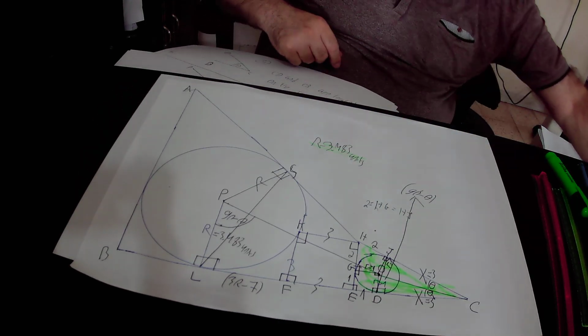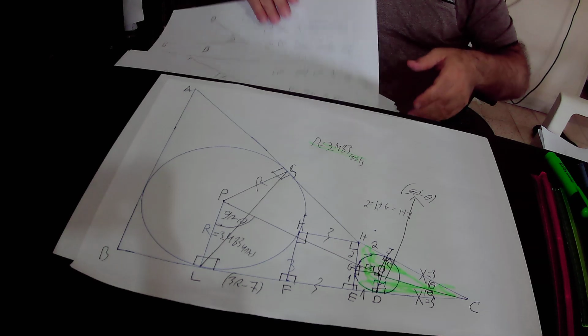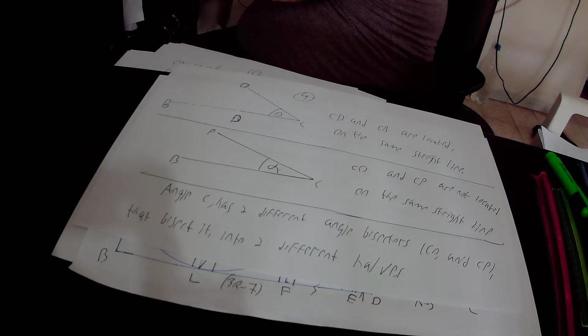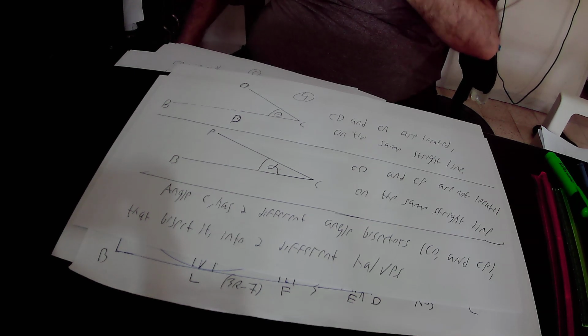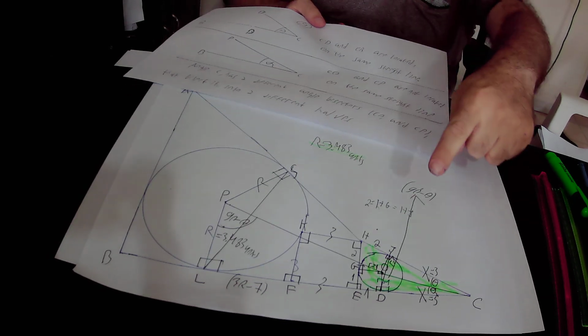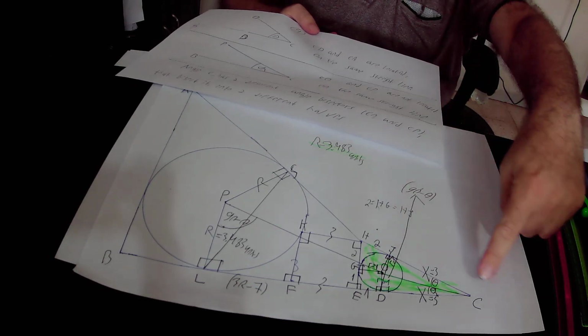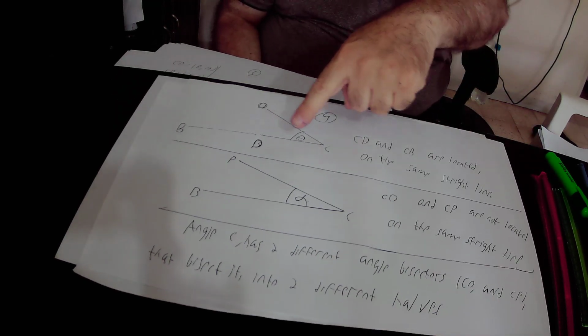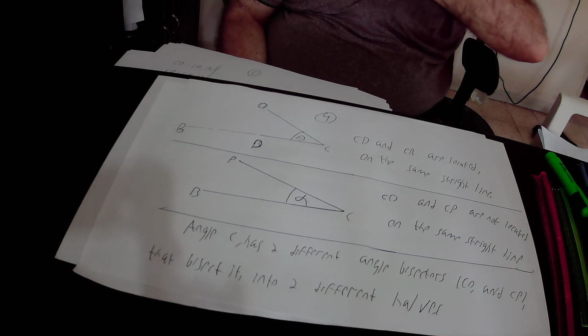Okay. So here, according to our assumption, we have angle DCO that is equal to theta. This is angle DCO that I copied from the original drawing.